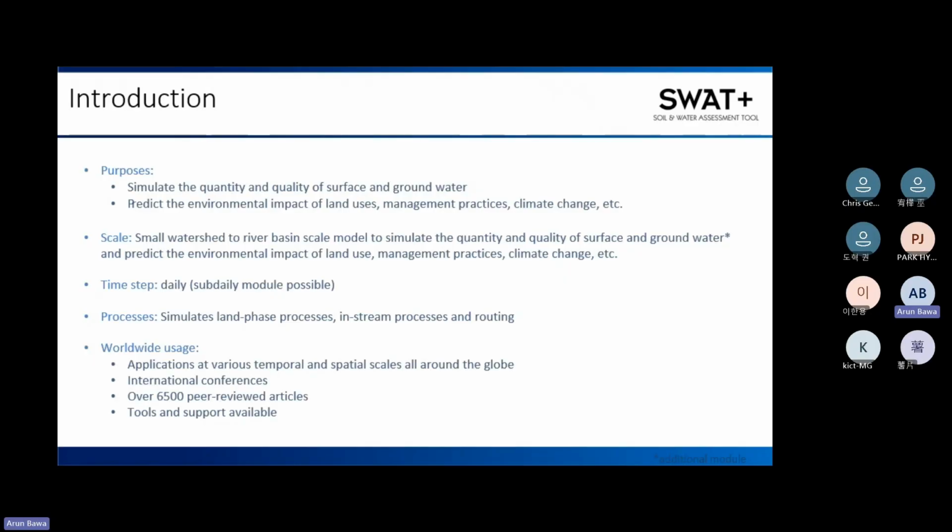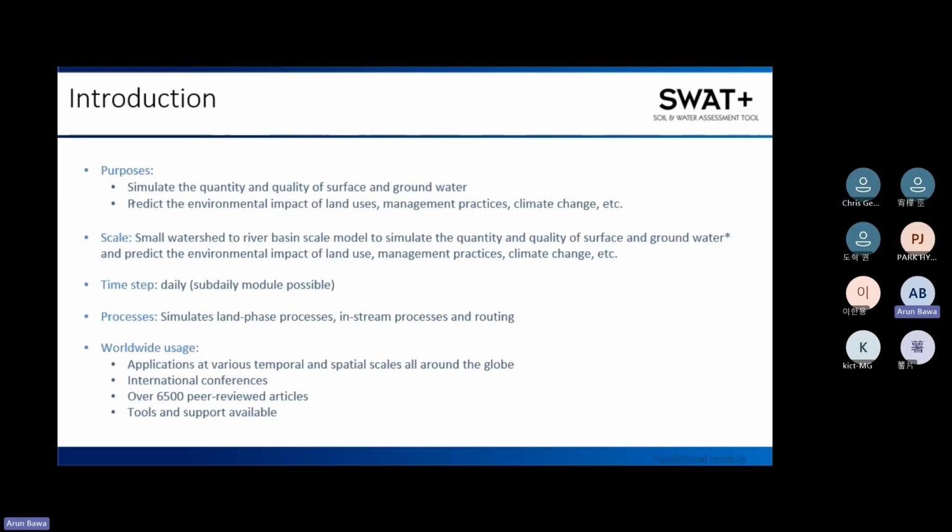So now I explain SWAT as an ecosystem model. These slides are a bit old, so we still have the same definition that it is a hydrological model, and you can do water quality simulations on it as well.